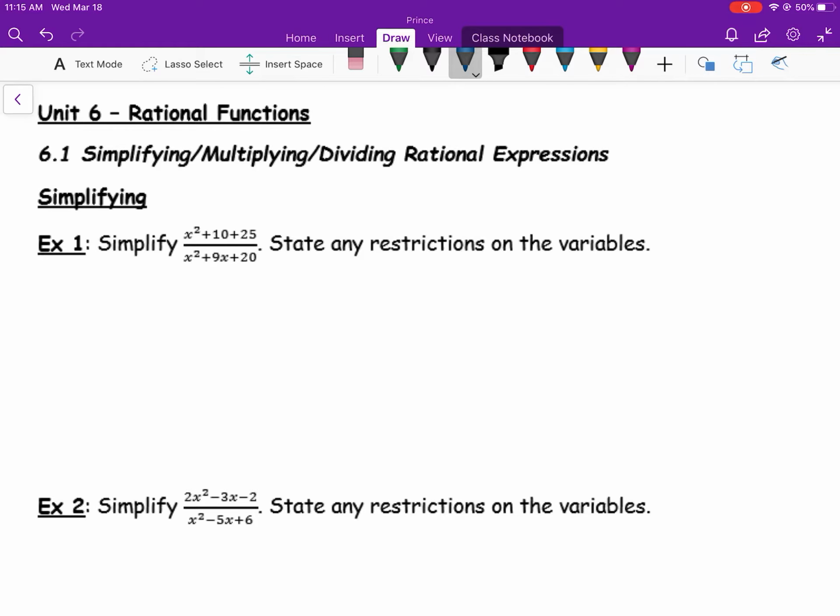So restrictions. X can't equal 4, negative 3, negative 5.